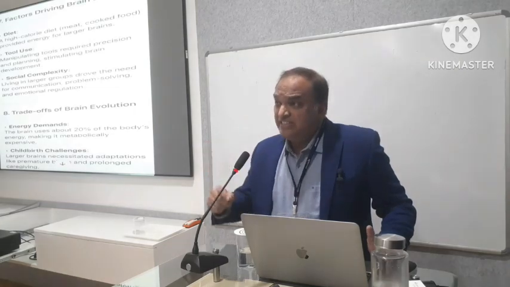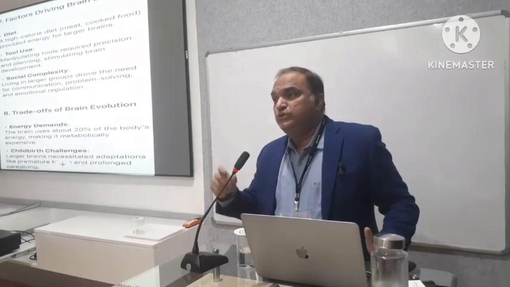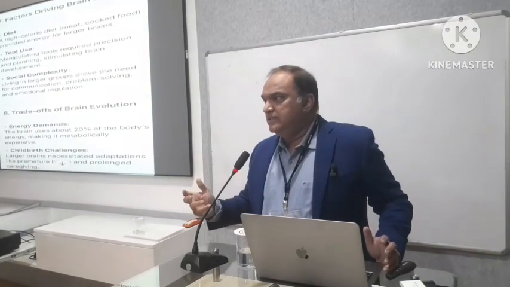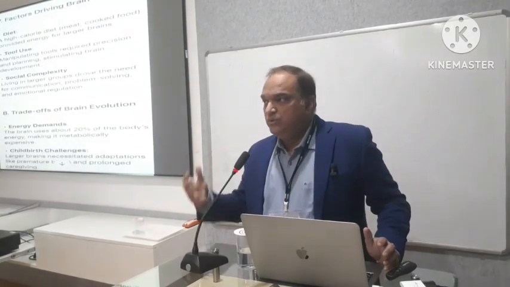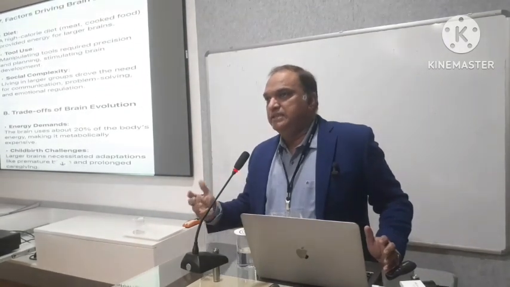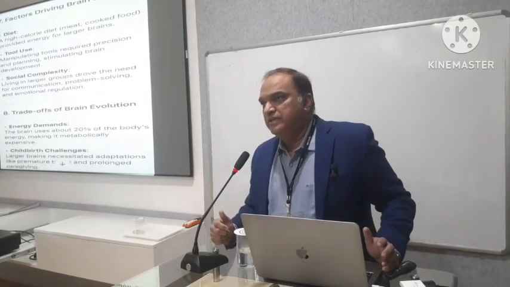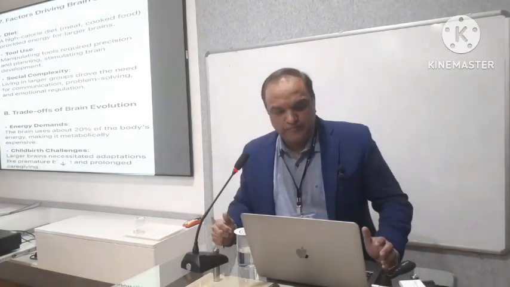And one of the important things for brain development was that human beings started using tools. Once you use tools, once you do any kind of engineering work, your brain develops. So that is why diet, tool use, and social complexities were responsible for human brain evolution.